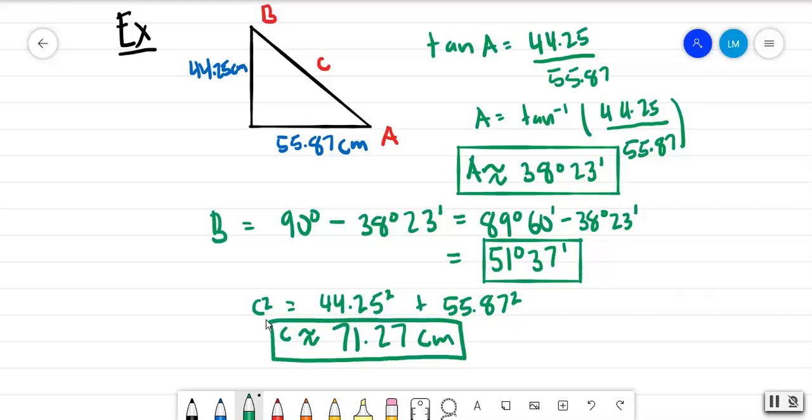Now consider this: if you would have used the angle measure to find the missing side, maybe with sine or cosine, then you probably would have found that the side C would be a little bit off from 71.27.